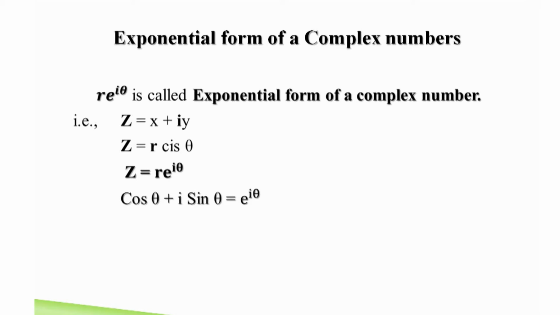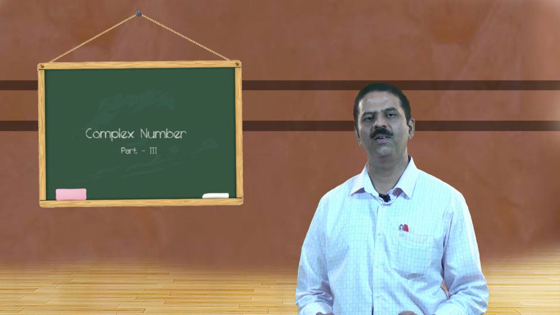Here e to the power i theta is equal to cos theta plus i sin theta, and first time it was given by the famous mathematician Leonhard Euler.